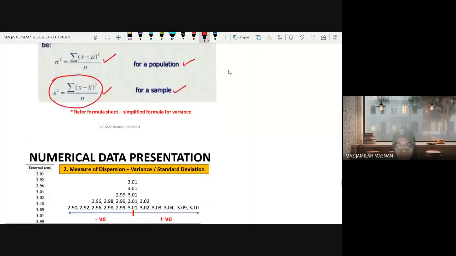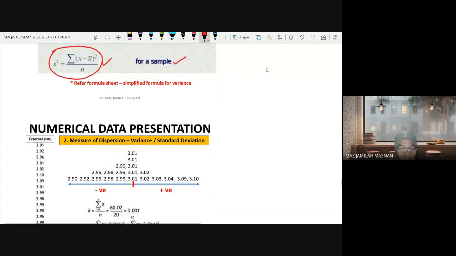Okay, class, see what happened here? You have x minus x bar. We know that the x bar here is 3.001, somewhere here. Now, deviation from the mean. If you are talking about your data 2.99, it deviates from the mean.